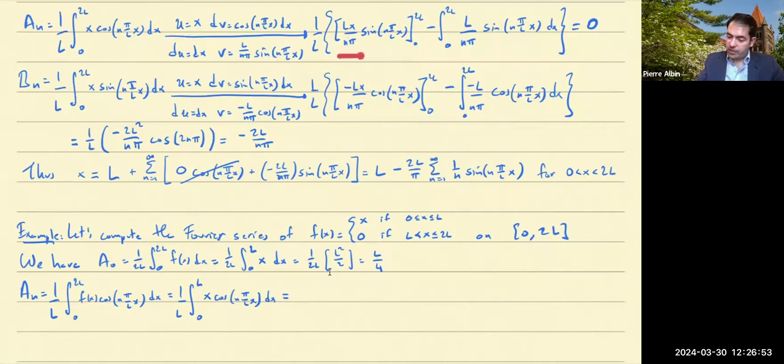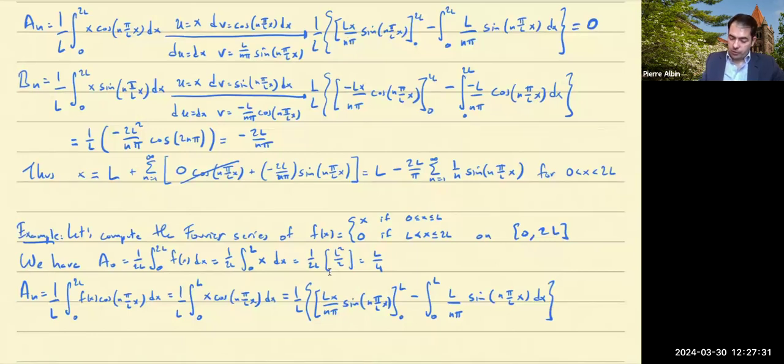We're going to have the same things occurring, but only going from 0 to L. So this would be 1 over L, and then I have L x over n pi sine n pi over L x, evaluated between 0 and L, minus the integral from 0 to L of L over n pi sine of n pi over L x dx.